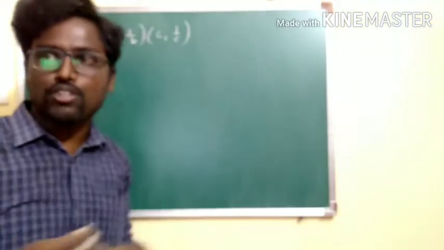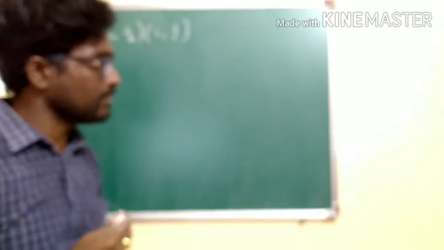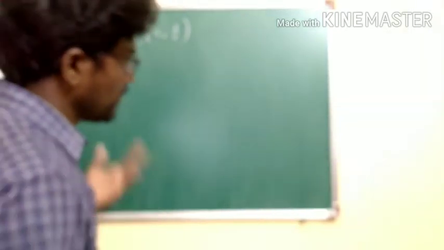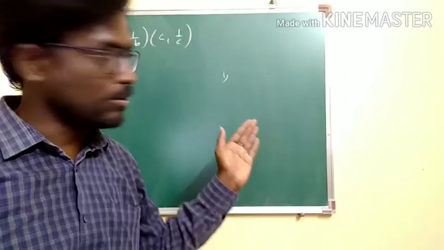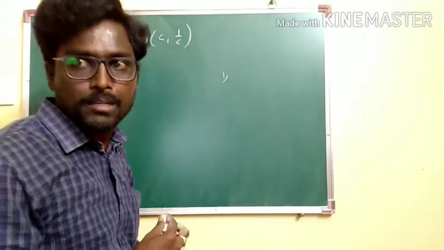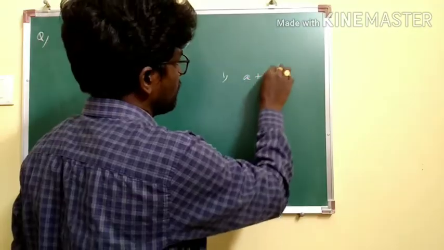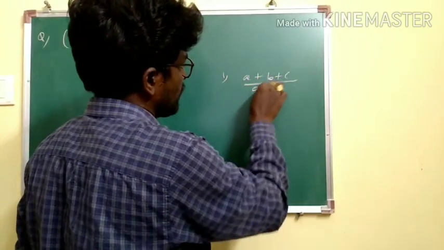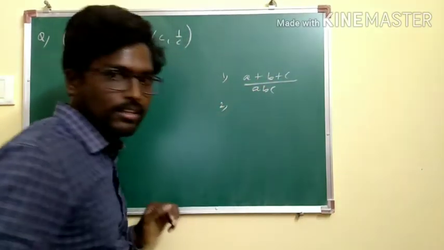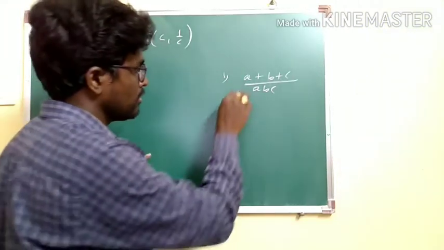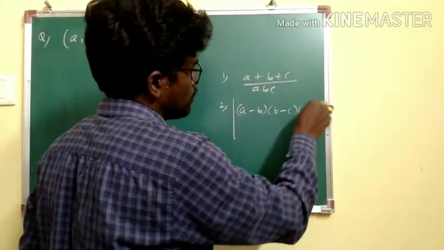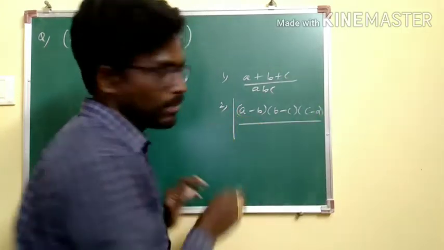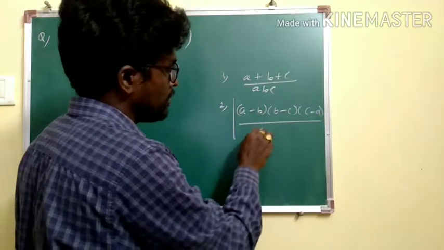Here we have various options. Anyway, I will let you know the options later. Otherwise, I am writing here. Just please make a note adjacent to the question immediately, because I will erase it. The first option: a plus b plus c by abc. Second option: mod of a minus b into b minus c into c minus a by 2abc.